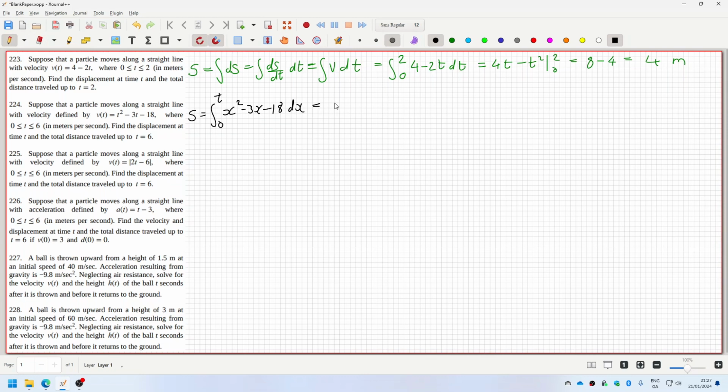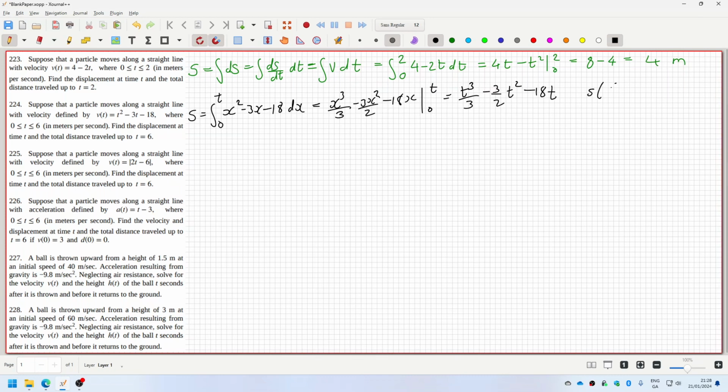So that would be x cubed over 3 minus 3x squared over 2 minus 18x, 0 to t. That would be t cubed over 3 minus 3 over 2 t squared minus 18t.